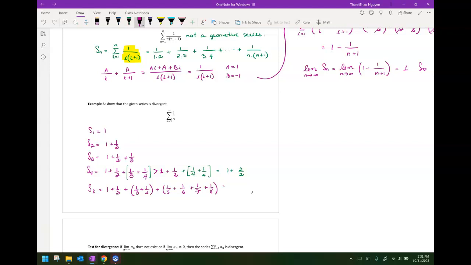This is greater than 1 plus 1 half plus 1 fourth plus 1 fourth plus 1 eighth plus 1 eighth, and so on. This is equal to 1 plus 1 half plus another half plus another half. That equals 1 plus 3/2.